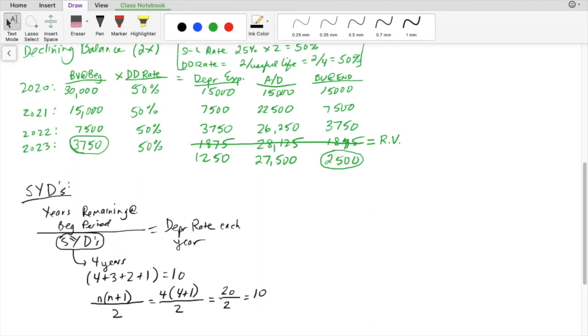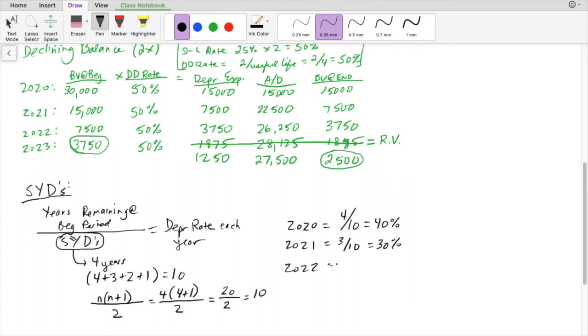Now, how do we do this for each of these years? Well, in 2020, how many years are remaining? Well, there's 4 years remaining out of the 10-year sum of years digits, which means in 2020 we're going to multiply something times 40%. In 2021, 3 years remain, so that's 30%.